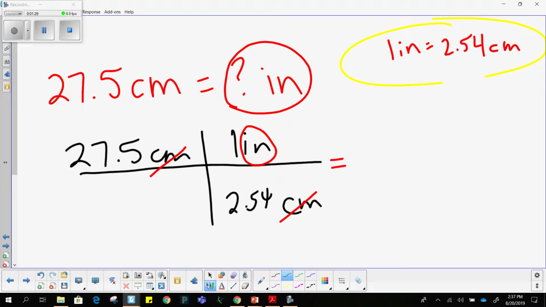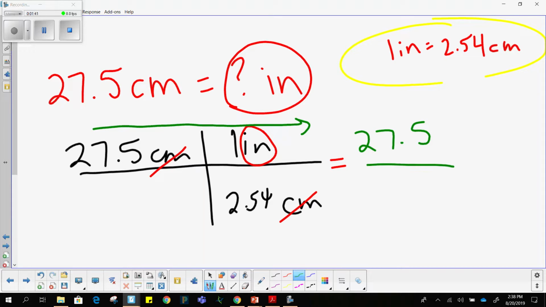What we're doing here is, if you have more than one setup, this is just a one-step problem, you are going to just multiply straight across the top and get an answer. In this case, 27.5 times 1 is 27.5. You multiply straight across the bottom and get an answer, which is an understood 1 on the left, and then you have 2.54. And then the last step is simply to simplify these out.